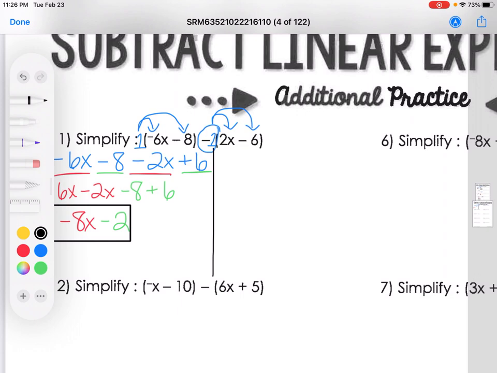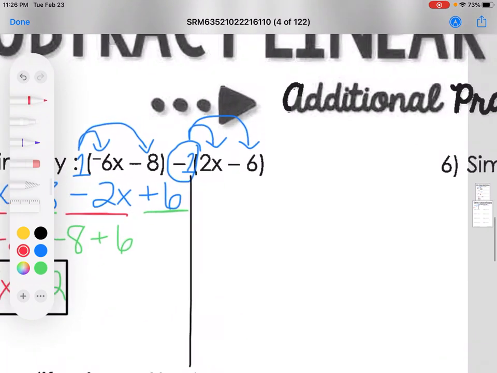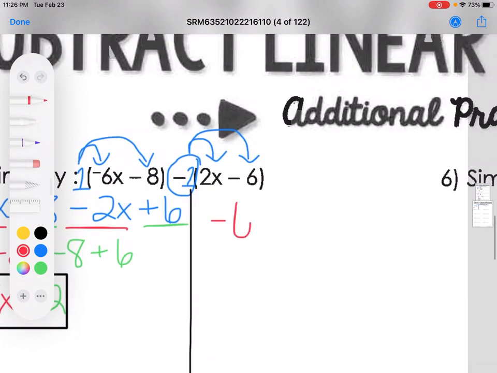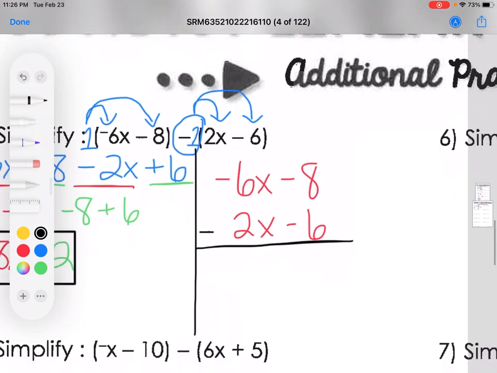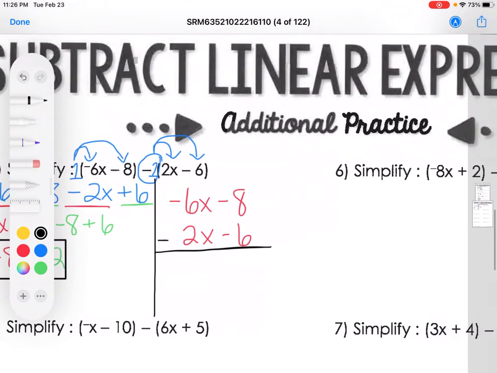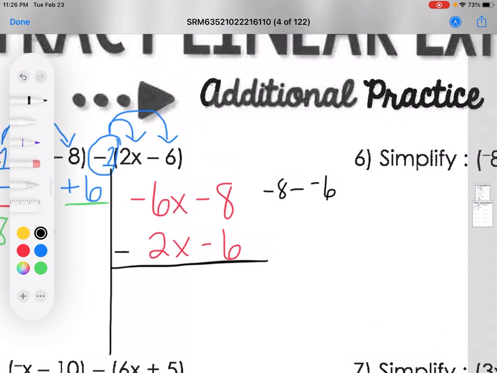Okay, so now let's line it up. So I have negative 6x minus 8 and 2x minus 6, except now I'm subtracting instead of adding. So my first step would be negative 8 minus negative 6, which, if you rewrite as addition, would be negative 8 plus, and I have to use the opposite of the second number, so positive 6, which is negative 2.